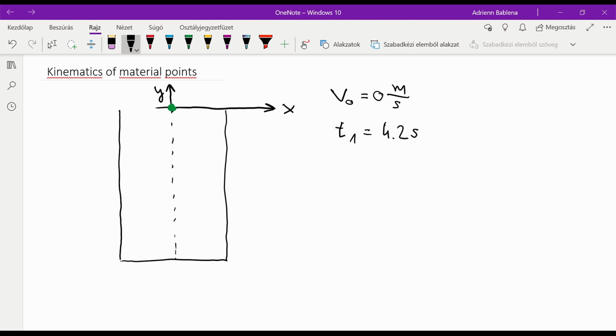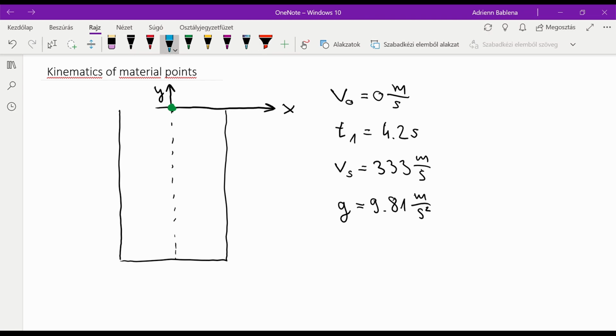We have a speed of sound Vs, which is 333 meters over second, and there is gravity g, 9.81 meter over square second.